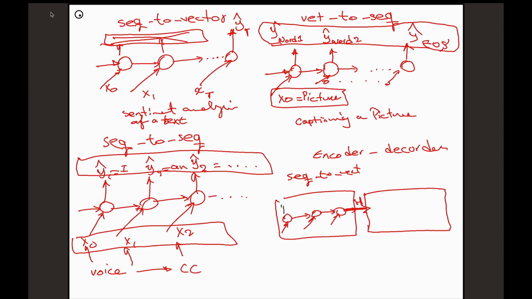So you ignore all of the other predictions that come here, but you care about the inputs. That's the encoder part of the architecture. Then it passes all the information through a vector to the decoder part, but it gets fed only once. The decoder doesn't have any input but this vector, and it decodes the output. So let's say y hat 1, y hat 2, and so on and so forth.